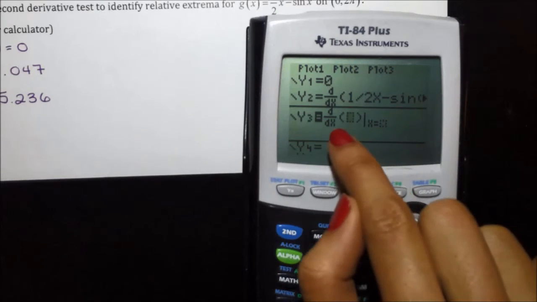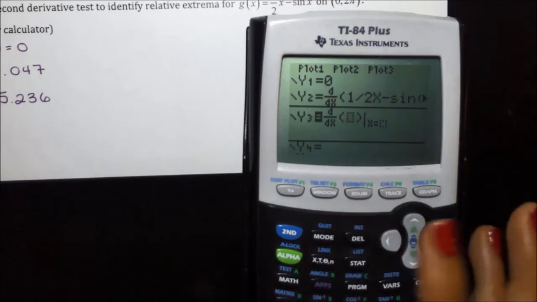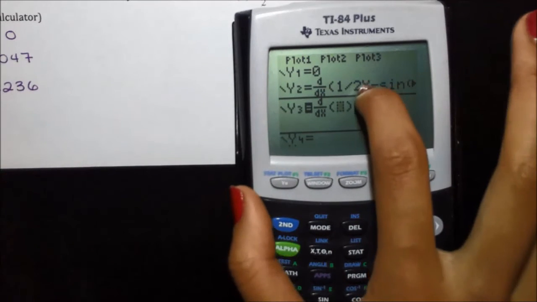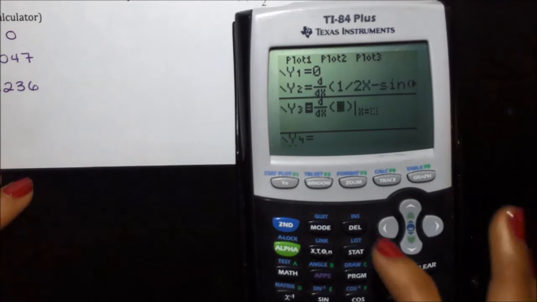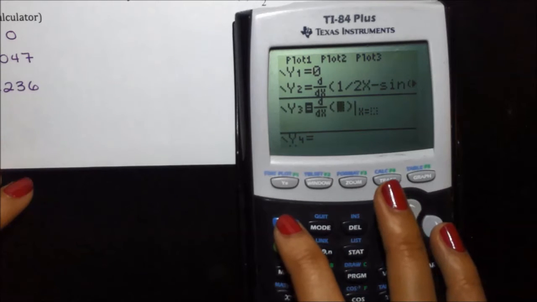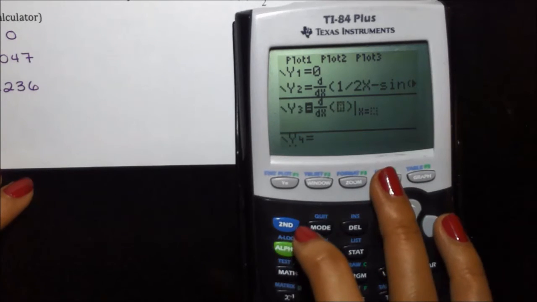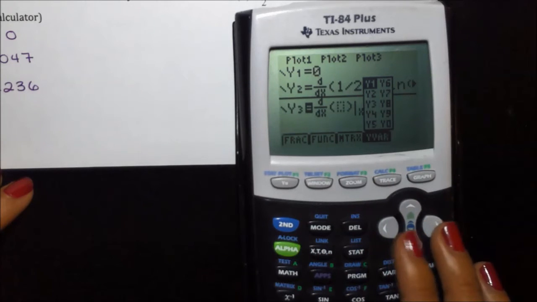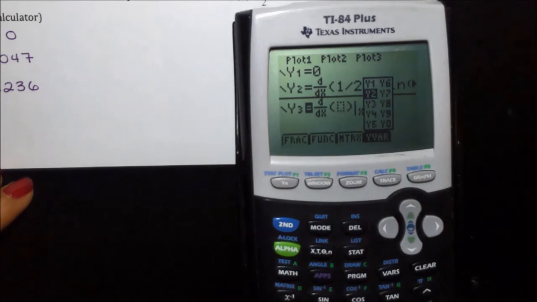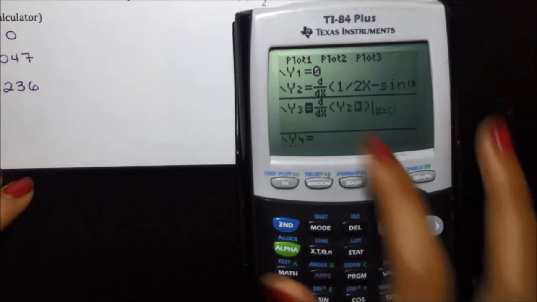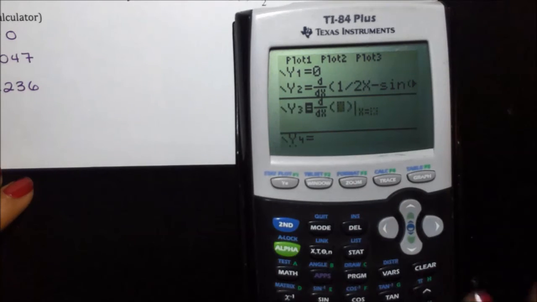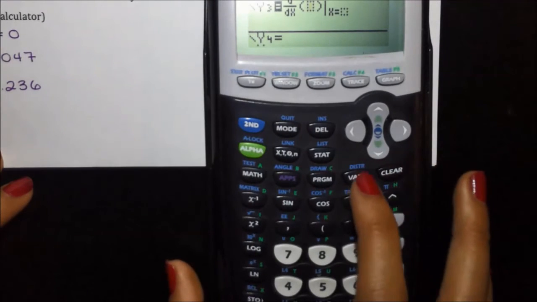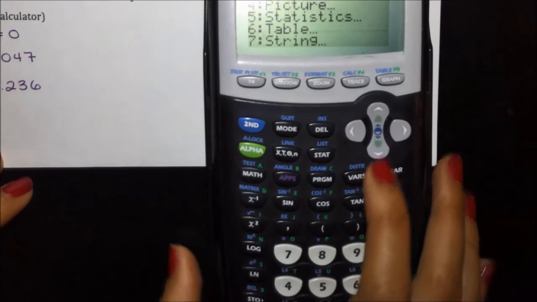So I'm going to do d dx of, and I'm going to go grab this. You can do that, I think, with alpha f4, which gives it to you. So I want to choose y2. Or if you don't know that, there's a vars button, which means variables.